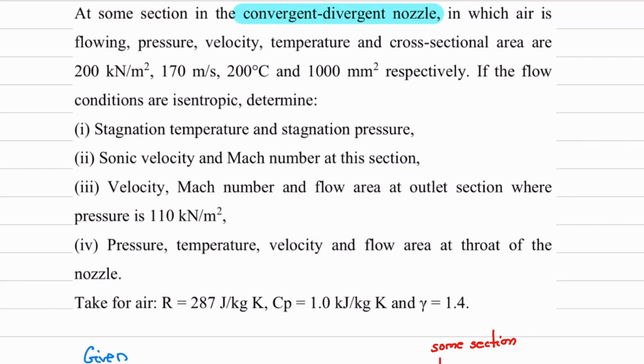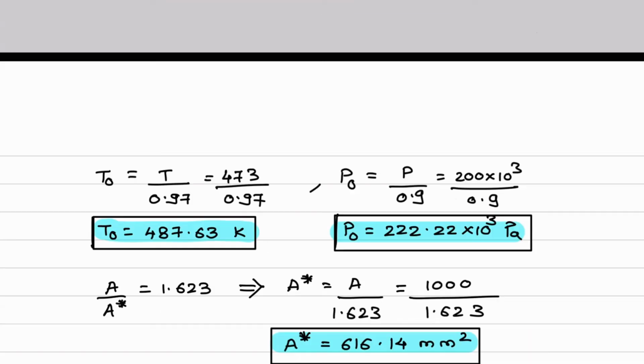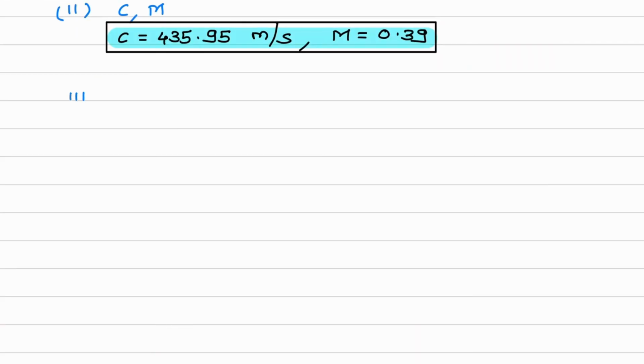So I'll write down the next heading. I have to find V2, M2, and A2, subheading number 3. Now how to find this? It has been given that P2 pressure is 110 kilopascal.